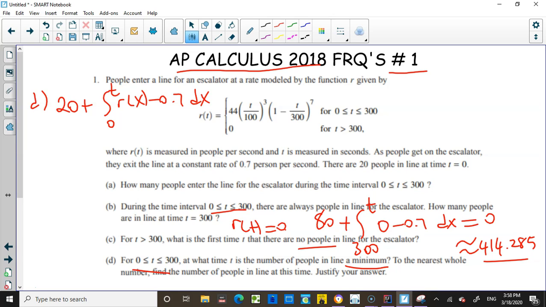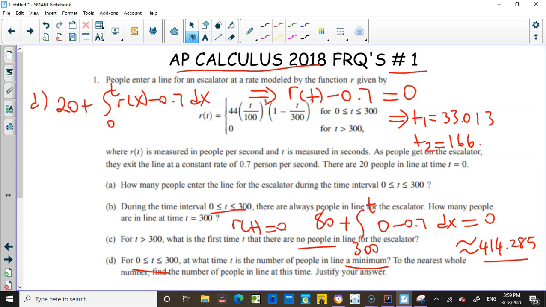If I take the first derivative of this expression with respect to time and set it equal to 0, I get r of t minus 0.7 equals 0. Solving this equation for t, we get t1 equal to 33.013 and t2 equal to 166.575. Now we're going to test these critical numbers and also the endpoints.